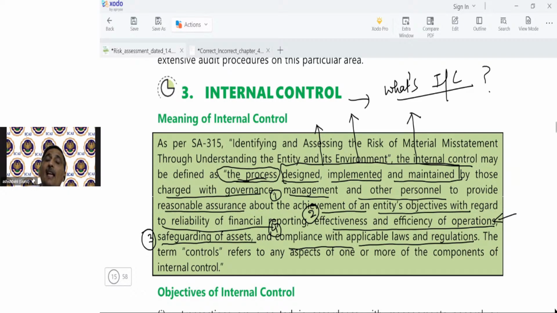But in the case of bigger companies, say a listed company, there may be a board of directors, there can be an audit committee responsible for having oversight on financial reporting.